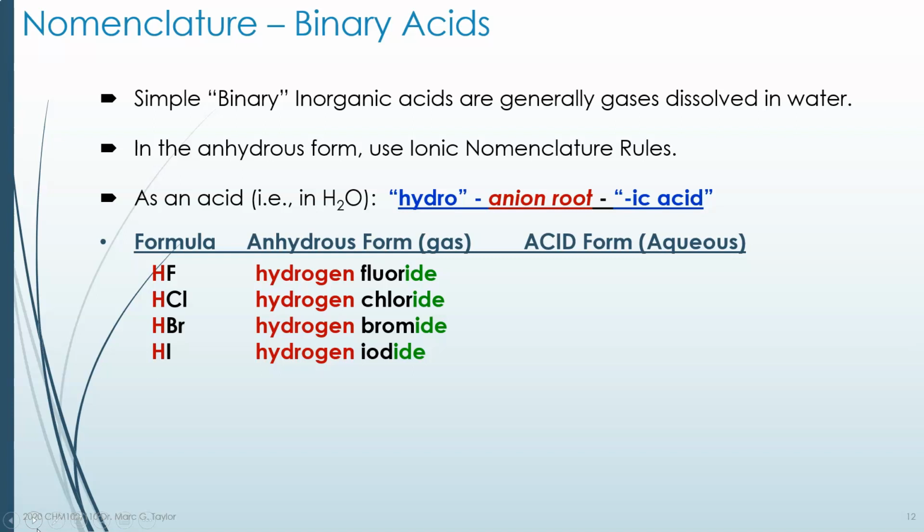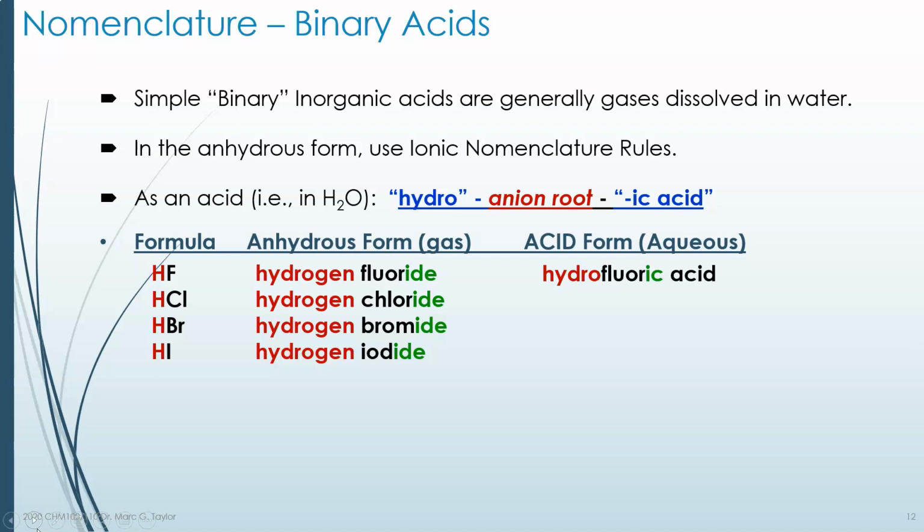But once you dissolve these in water, you use the same root word that's in the name, fluor, chlor, brom, iod, and then you would put hydro in the beginning because there's a hydrogen, and ic at the end, and acid to tell you that it's an acid. So hydrofluoric acid, HF, is hydrofluoric acid. And by the way, this material is insanely dangerous.